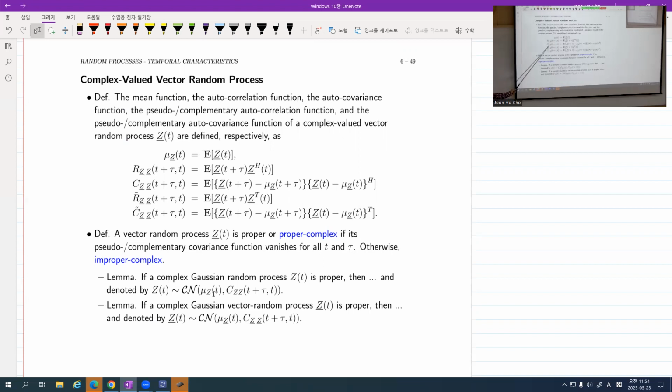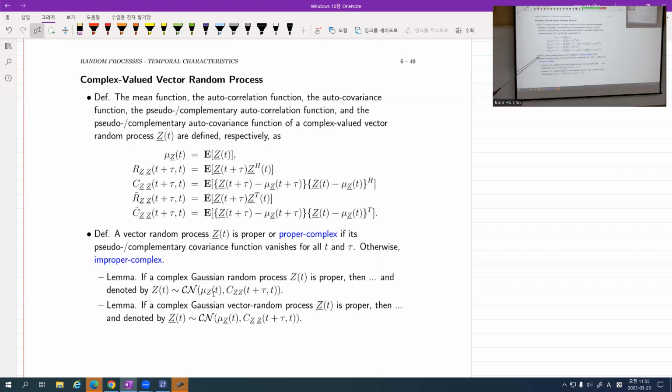Covariance function, covariance matrix function if you want. Complementary correlation matrix function. Complementary covariance matrix function. And here you use Hermitian transposition, and here you use just ordinary transposition. Got it?